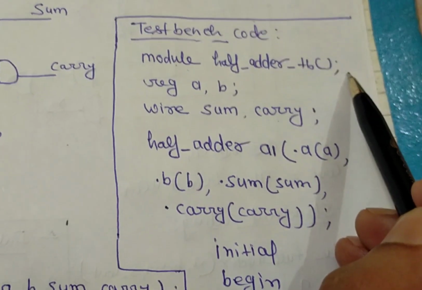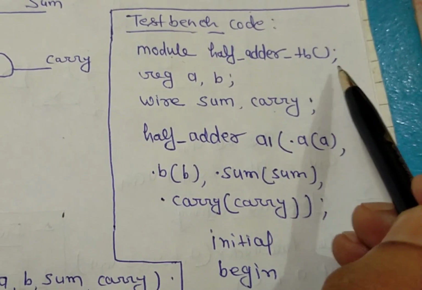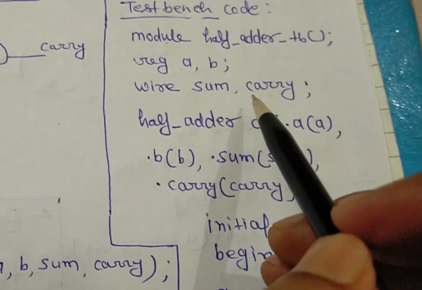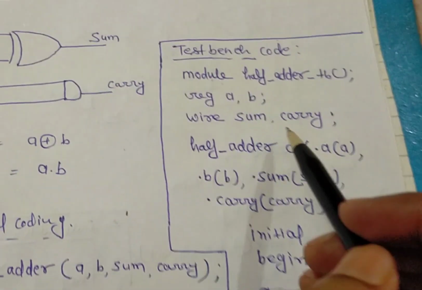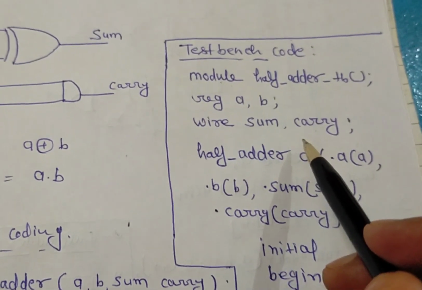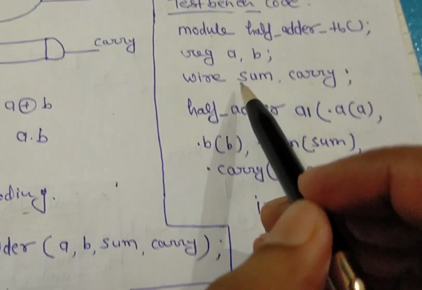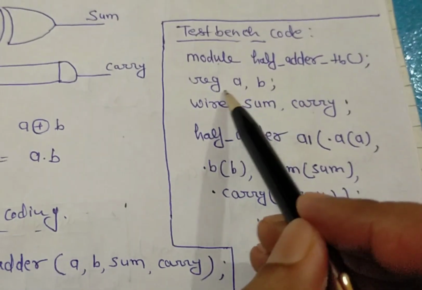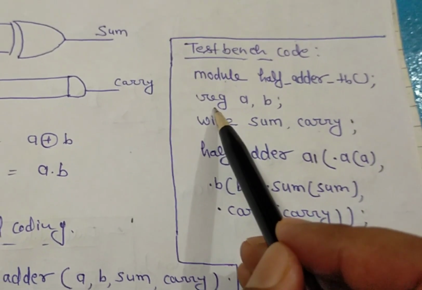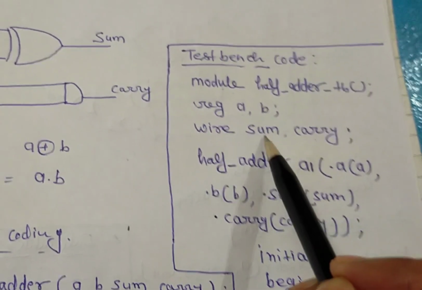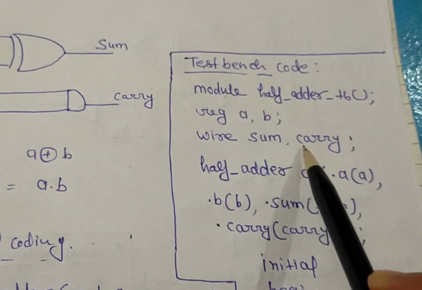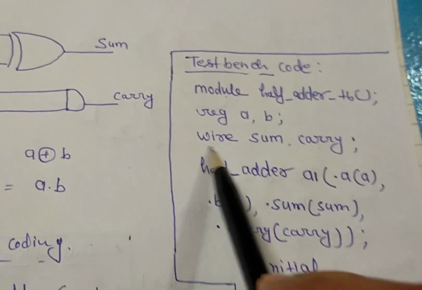Then again here we need to specify the input and output. In the half adder circuit there are two inputs, A and B. Inputs A and B are represented by reg, which basically represents a register. The outputs sum and carry are represented by wire.